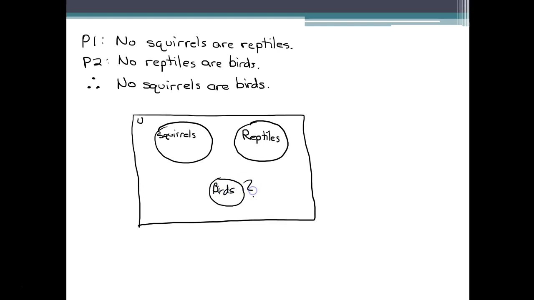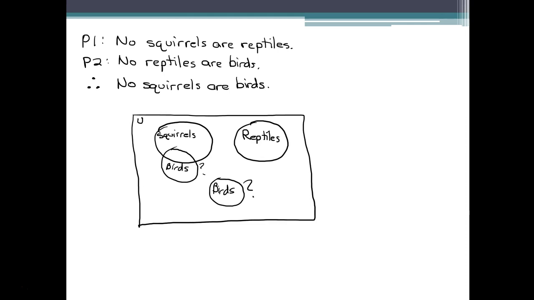But where should we put it? Do we have to put birds down here, not touching squirrels? Not necessarily. Birds could go here and still fit the premises. There's nothing in the premises saying that birds and squirrels don't intersect.